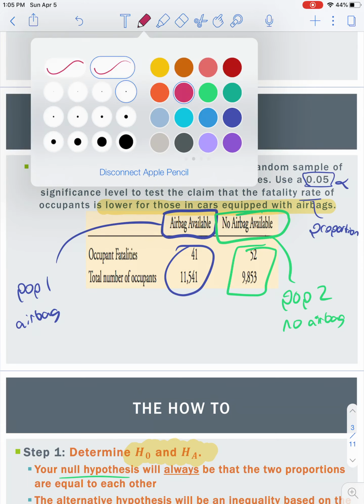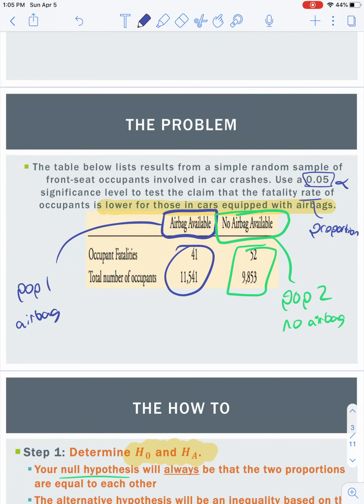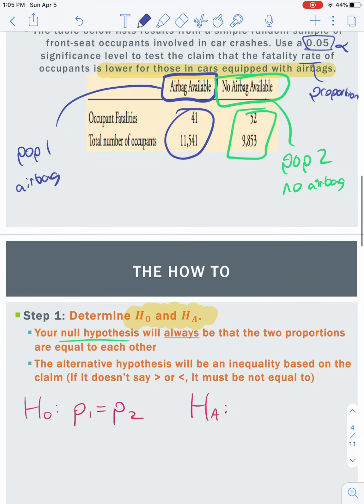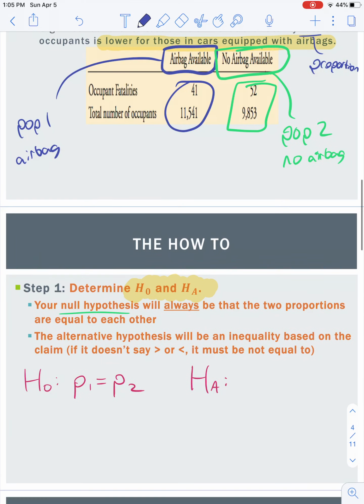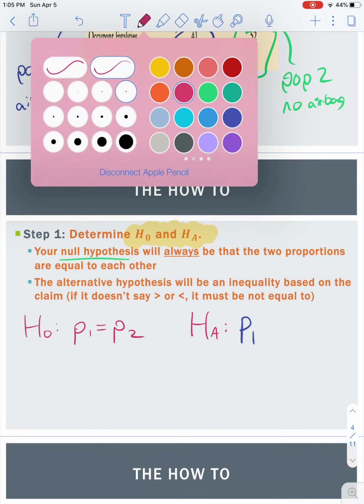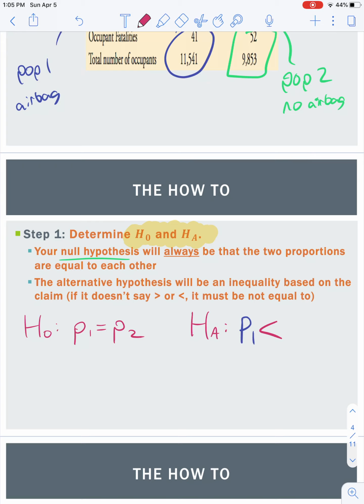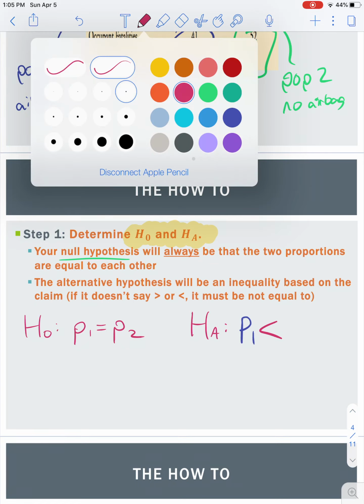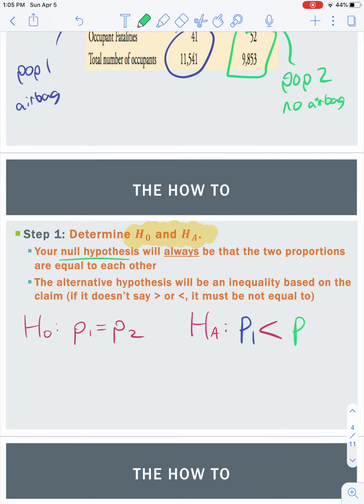So we have written here that P1, population 1, is the airbag group. So we want the airbag group, P1, to be less than the non-airbag group, which is population 2, so proportion value of 2.